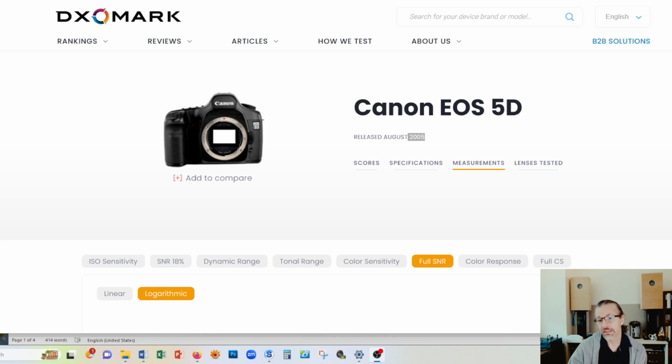I was extremely surprised to find certain working ranges of the sensor where the 5D Classic actually surpasses the Leica M11 in some qualities, in actually signal to noise captured by the sensor.